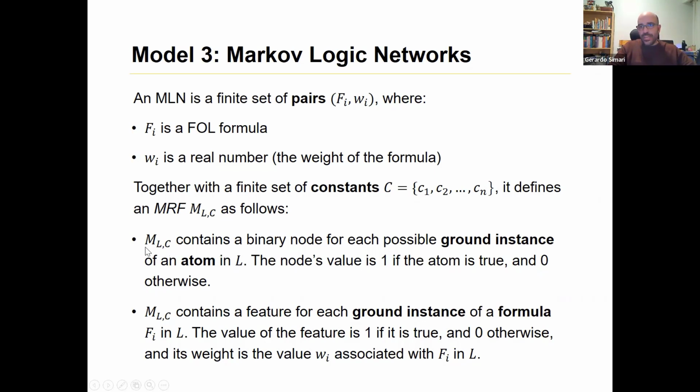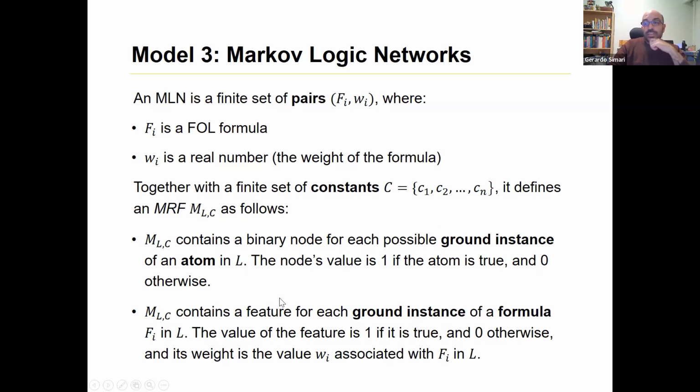So we'll see how this maps to what I just said for MRFs. The model will contain a binary node for each possible ground instance of an atom in the formulas, given the different constants that I have. The node's value will be 1 if the atom is true and 0 otherwise, a very direct mapping.